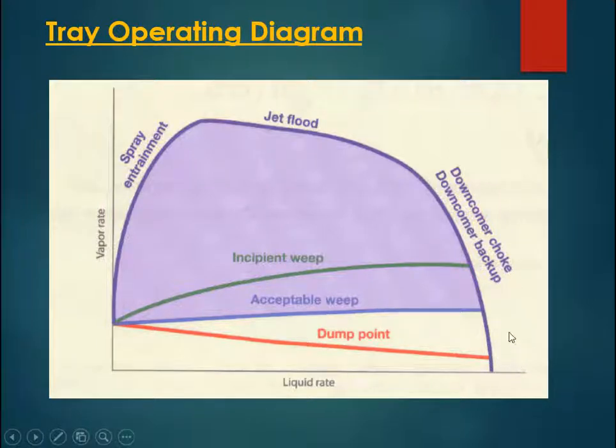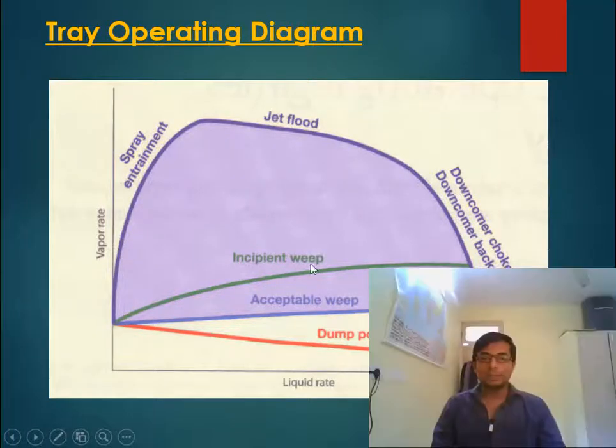Beyond this limit, if my liquid flow rate goes high, this may lead to flooding. Similarly, there will be a limit on high vapor flow rate. For example, at low liquid load, the flow regime usually remains in the spray regime, and in that case, if my vapor flow rate goes high, it may lead to spray entrainment flooding.